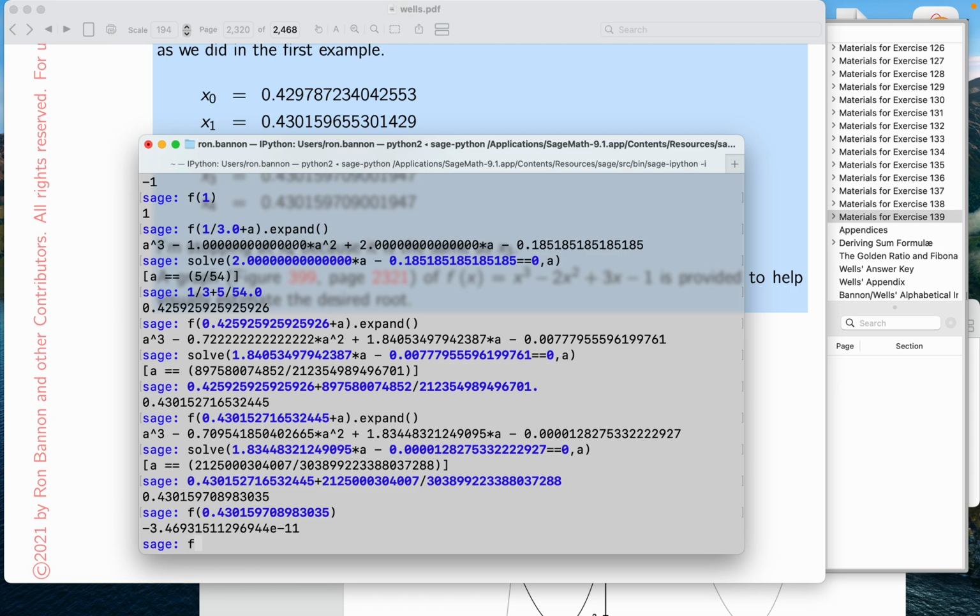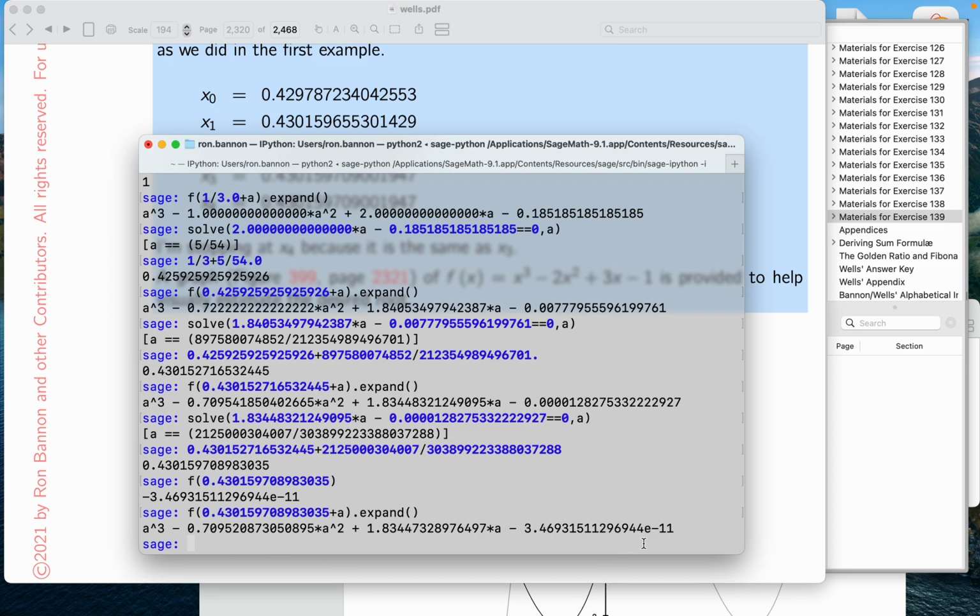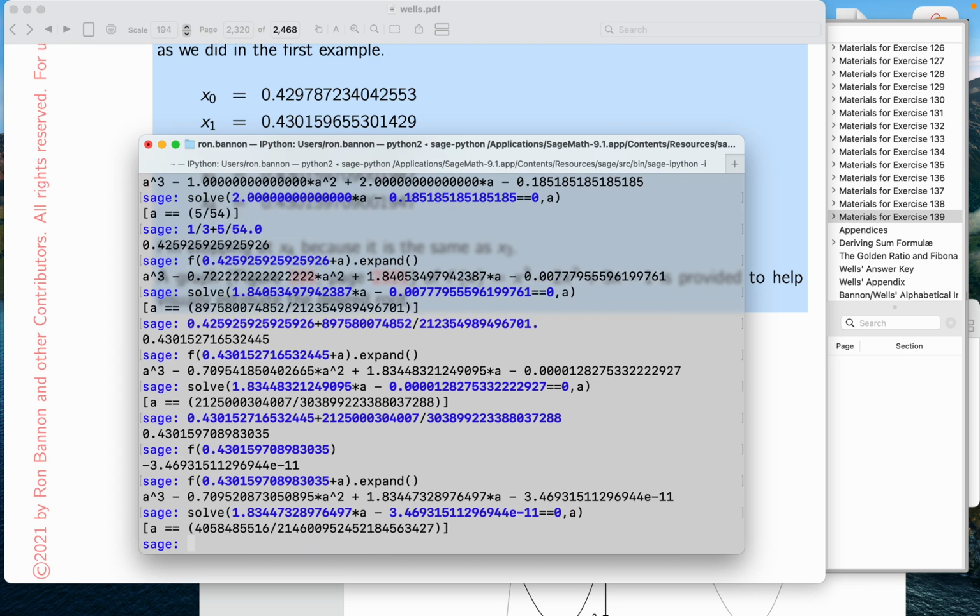It's going to be f of that new root plus a, and we're going to expand. And we get these last two terms here. They're the linear part. And we're going to solve for 0. And let's see what happens.